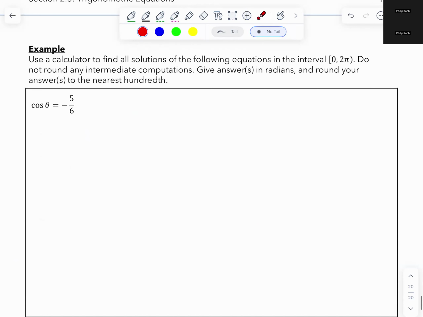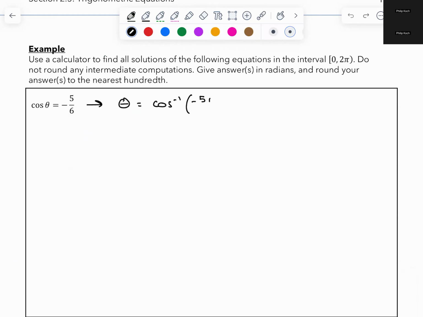Cosine of theta is equal to negative 5 over 6 on the interval 0 to 2 pi. That is not a nice number, but it's already got cosine isolated by itself. So that means theta is equal to cosine inverse of negative 5 over 6. I'll use my calculator.